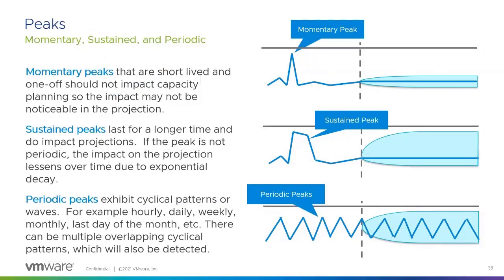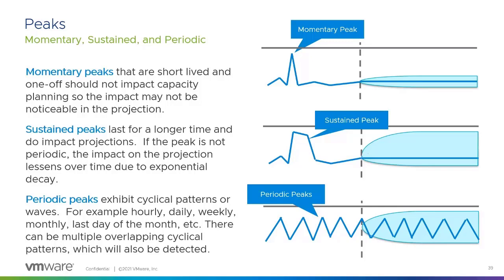So the next thing is talking about peaks. There are a lot of different kinds of peaks, and a lot of questions come up: how are peaks handled by the system? How do they affect my projections? So I've classified them into 3 different kinds of peaks. There's one that I'm calling a momentary peak. This is a short-lived peak.